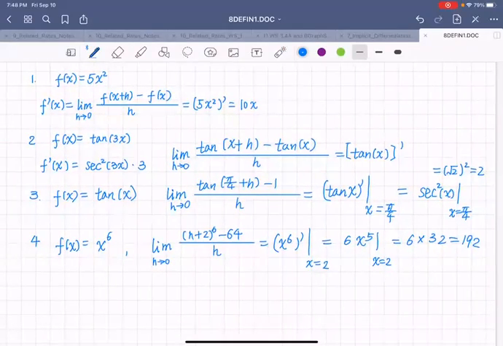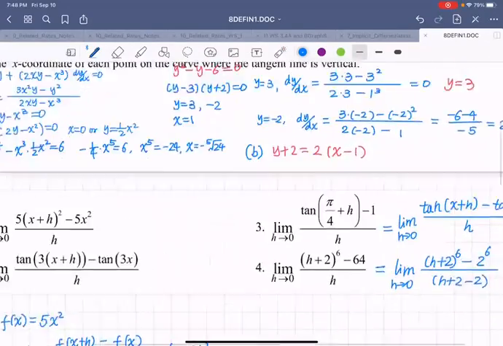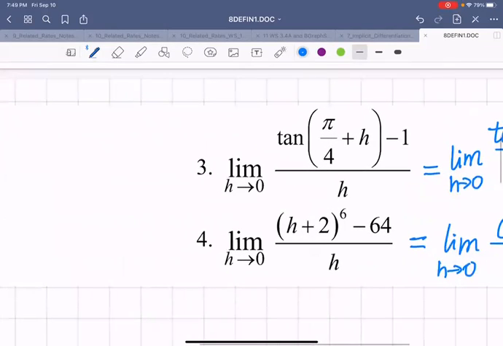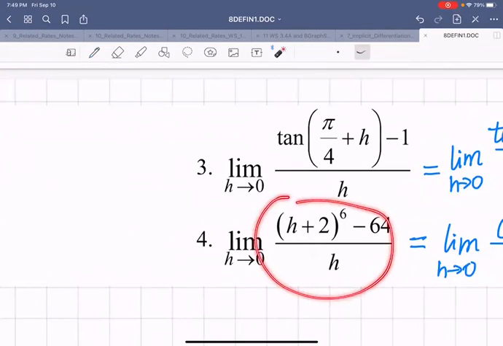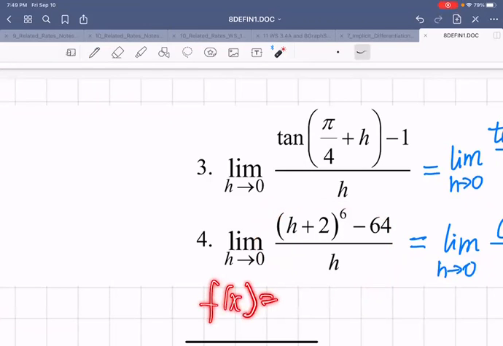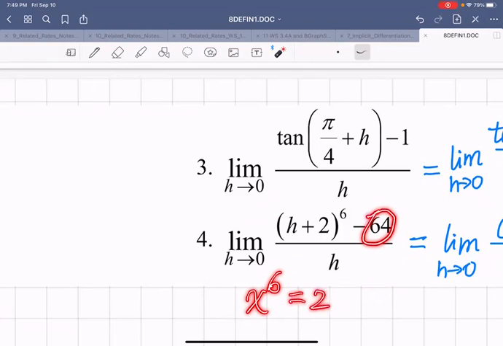Now, Emily, look at number 4. What do you think this f of x is? X to the power 6. Very good. And who is this? 2 to the power 6.